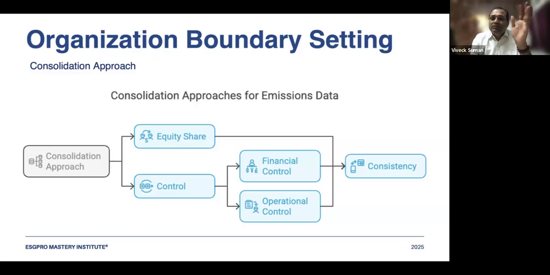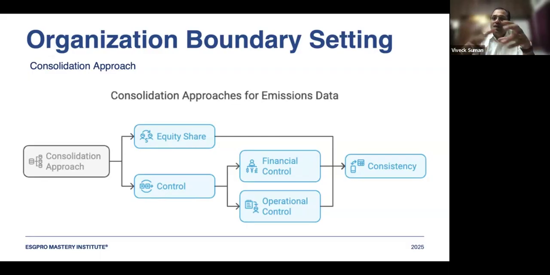There are only 2 main consolidation methods which exist: either equity share or control. You cannot mix and match. Are you with me? Don't commit this cardinal sin. If you have taken the equity share method, stick with that. Be consistent with that. Don't even touch control. If you have taken control, stick with that.